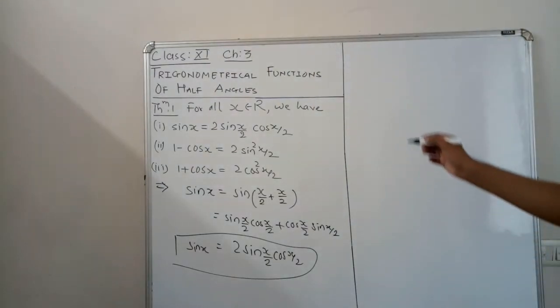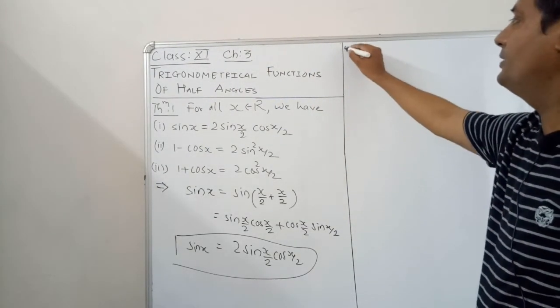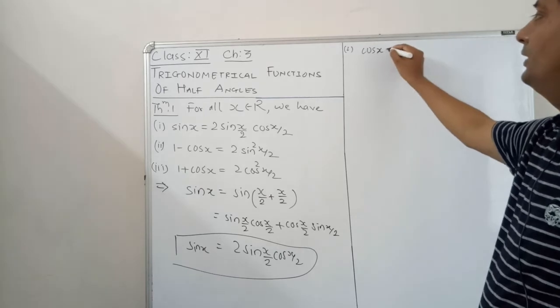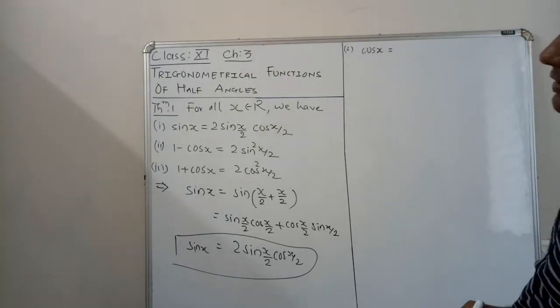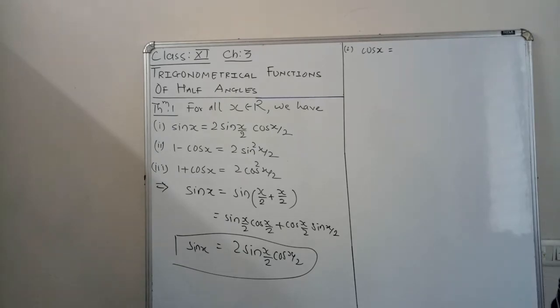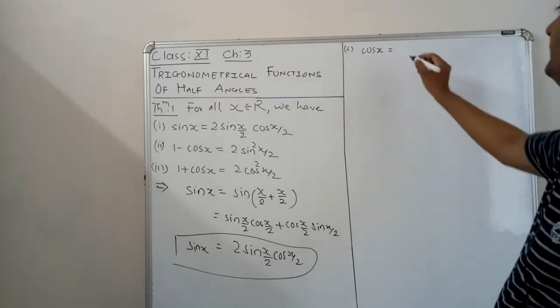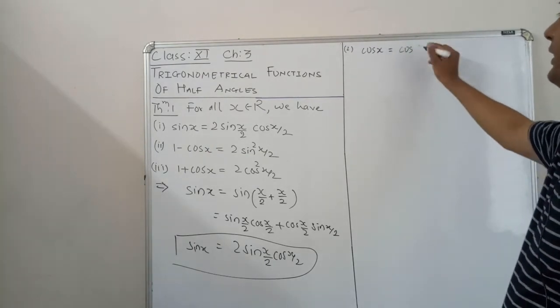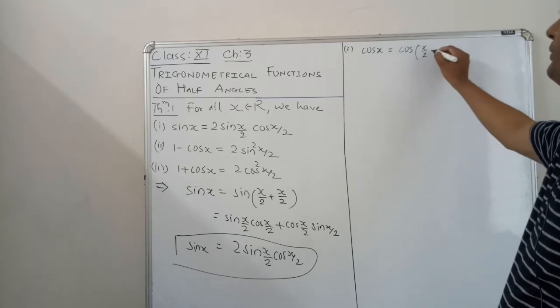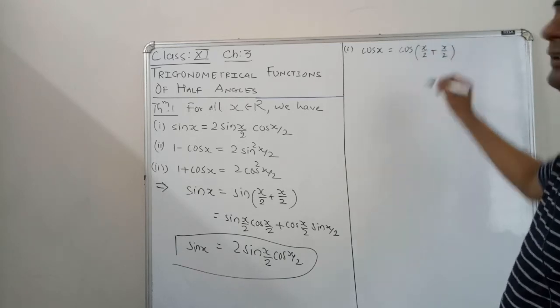Now result 2. That means here cos x, with 1 minus cos x, written as 1 minus cos x. So cos x can be written as cos of x by 2 plus x by 2, right?